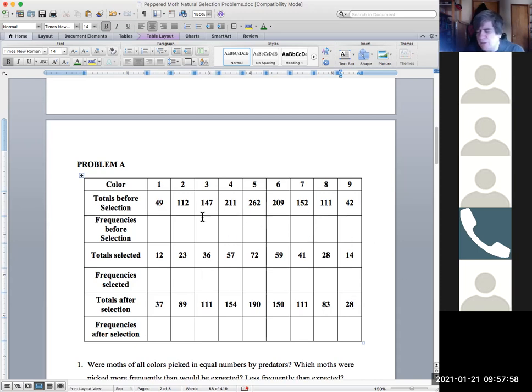So to find a frequency, here's what we have to do. Remember, we said that frequencies are basically fractions or percentages. So we're going to make these fractions. So I'm going to take my numbers down and I'm going to put the number in each box in the numerator. We'll find out what the denominator is in a minute. Be patient.